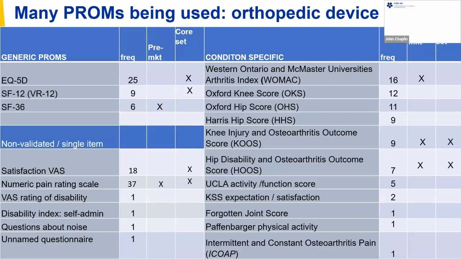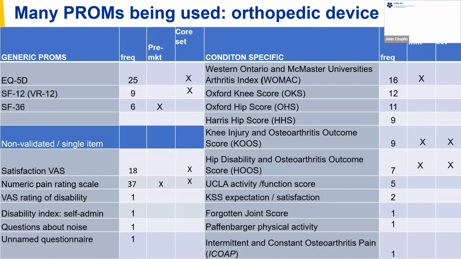Now, we generally divide up PROMs and quality of life measurement into two different areas. One is generic, so that it applies to all medical conditions and gives a very general impression of quality of life, whereas condition-specific questionnaires are focused much more on the specific medical condition that they apply to.